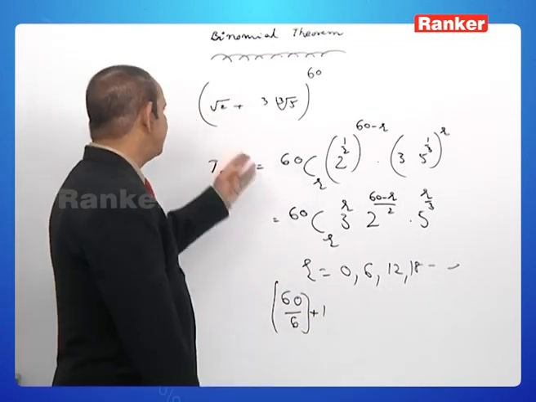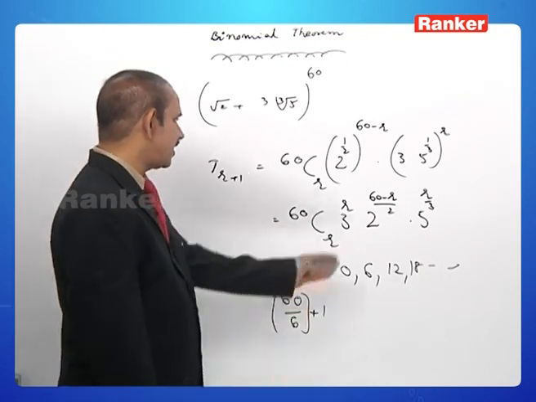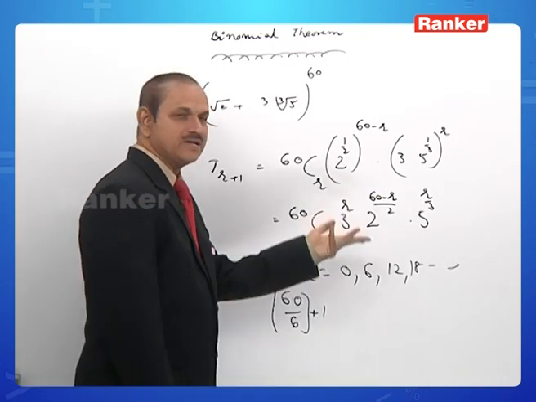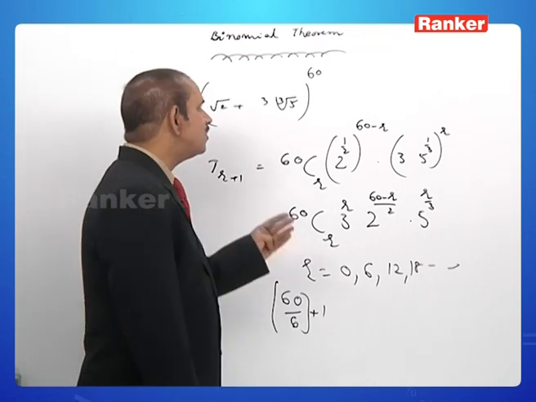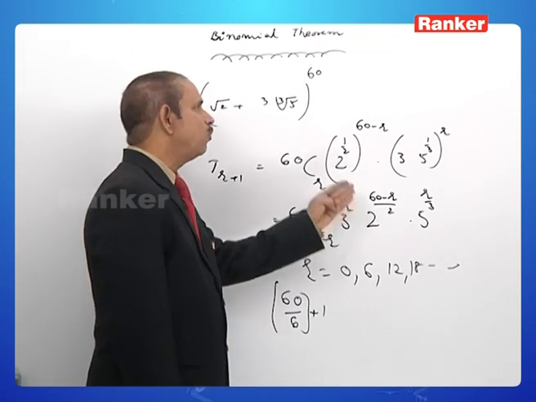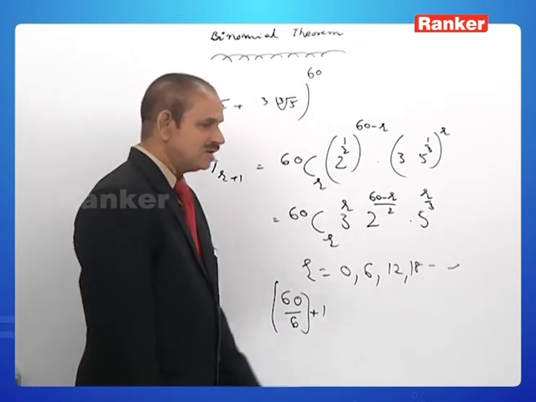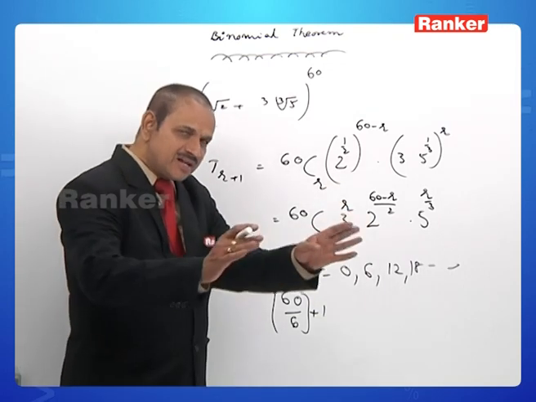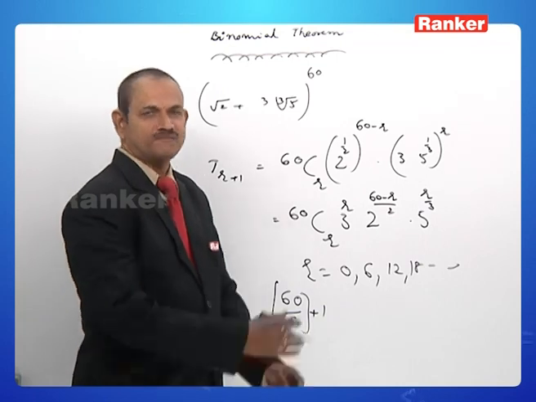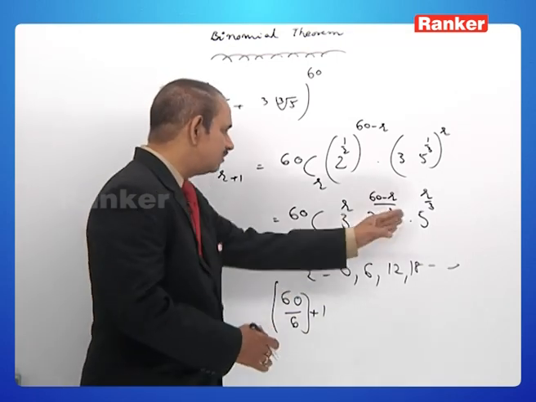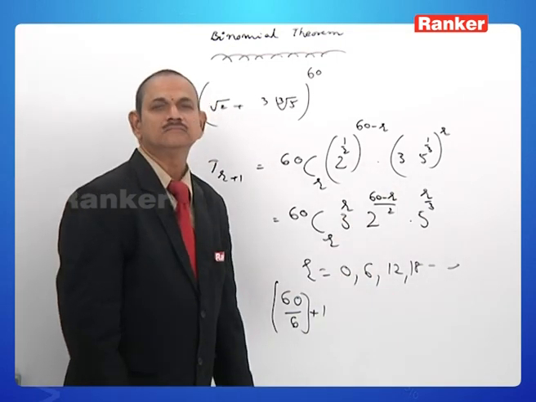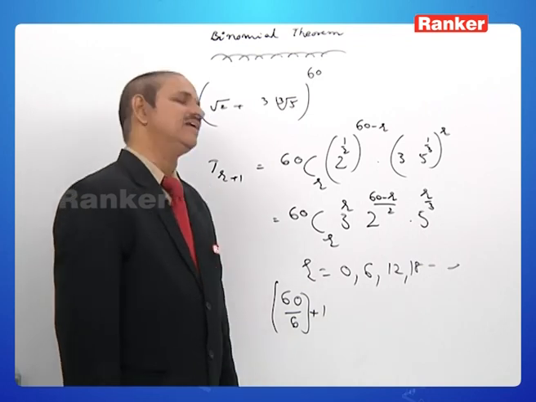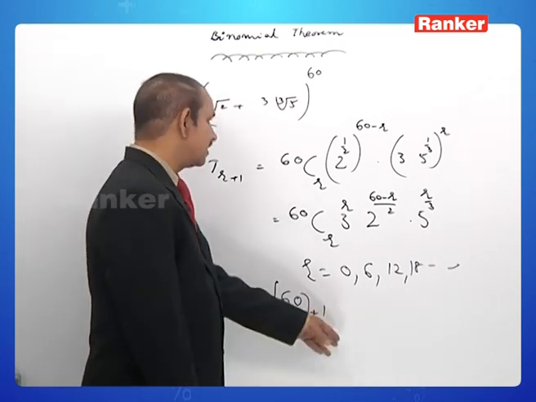Here, if you take r is equal to 0, 60 by 2 becomes an integer. Suppose you have, say, 51 instead of 60. What happens? 51 minus r by 2. You see, the integral part of 51 by the LCM of these radicals. Yes, like that. In any case, this becomes the answer.